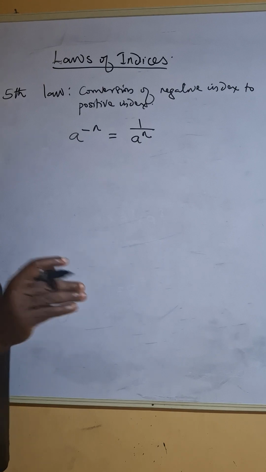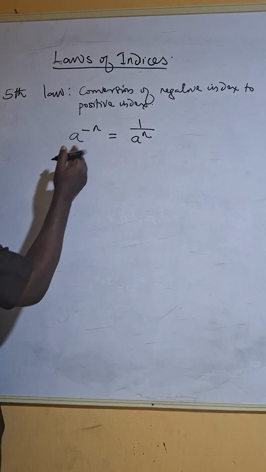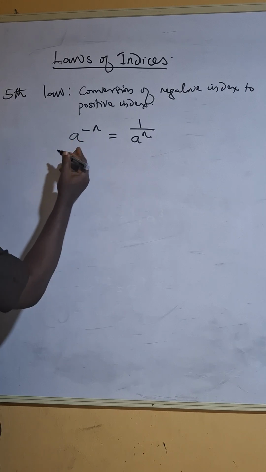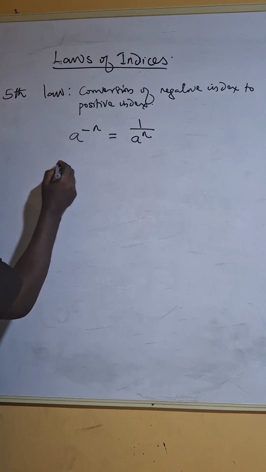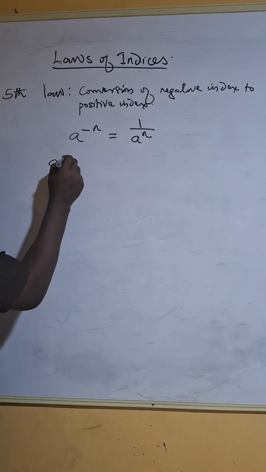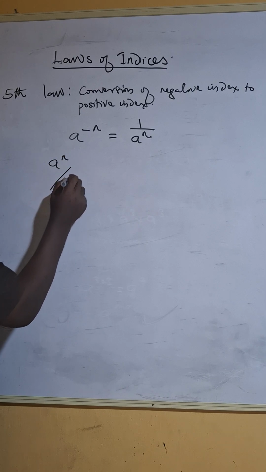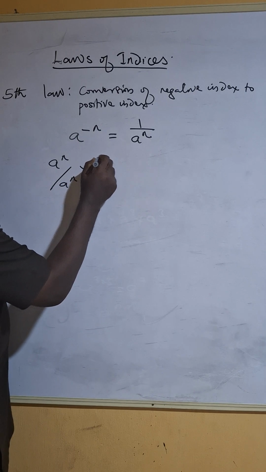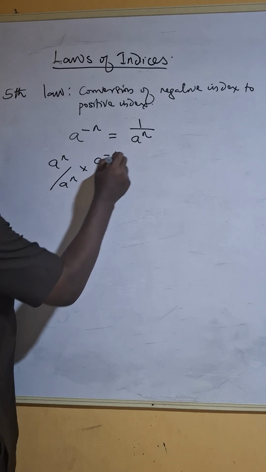What I mean is that when you have a raised to power n, you can introduce a raised to power n multiplied by a raised to power n times a raised to power minus n.